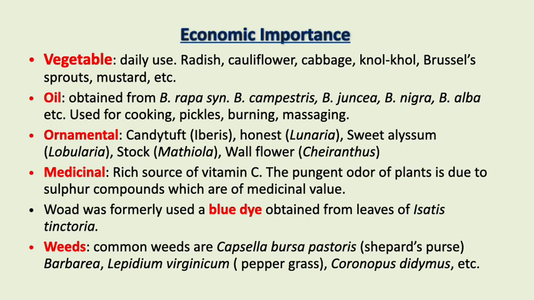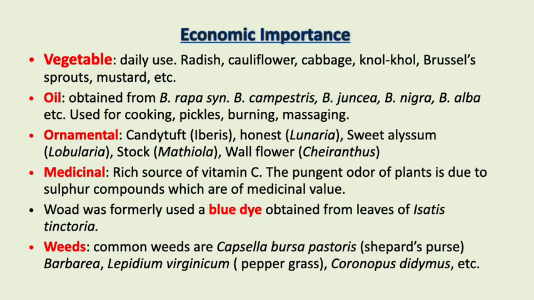First use is vegetables in daily use. For example, radish, cauliflower, cabbage, knol-khol, Brussels sprouts, mustard, they are used as vegetables in our kitchen.